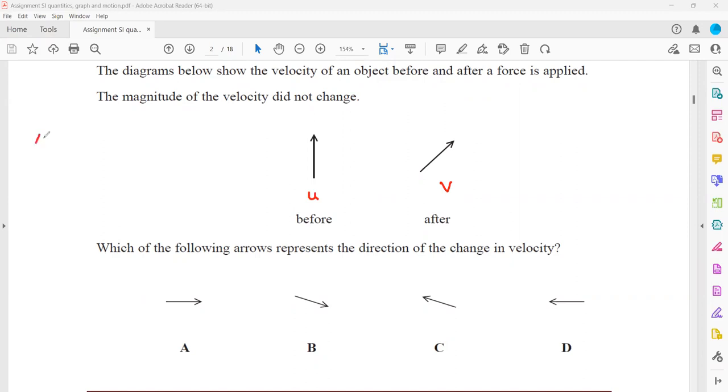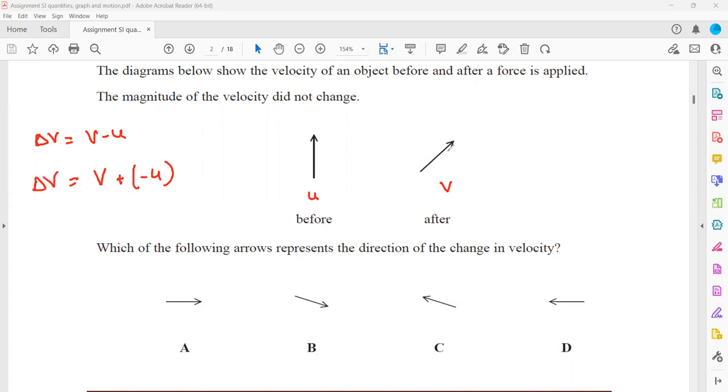If you want to calculate the change in the velocity, that is final minus initial. So in vector addition, actually, it's always addition. Even if you're taking a difference, final minus initial, it means the final vector plus the negative of the initial vector in vector addition.